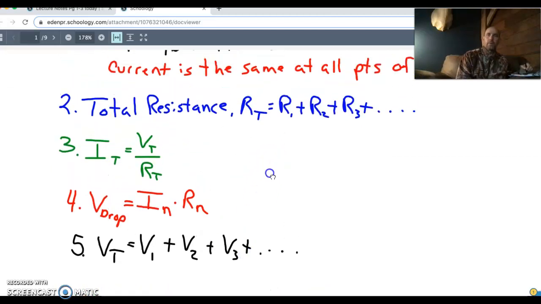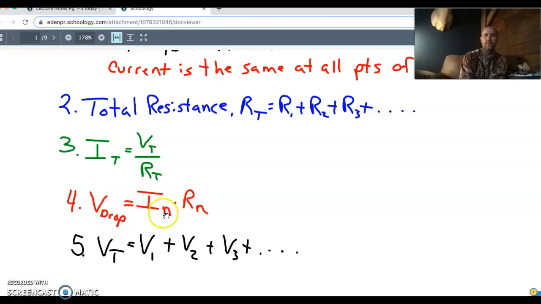Number 4, this word voltage drop. You could use a different word: voltage used, voltage consumed, voltage spent, voltage needed, voltage required. They all mean the same thing, but in electronics terminology, they use the word drop or dropped.